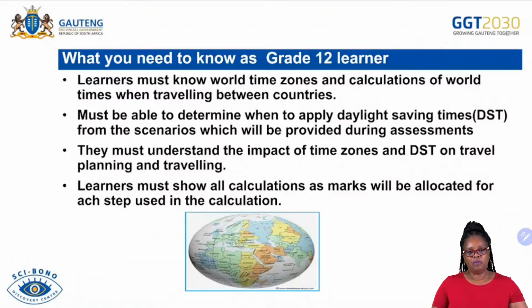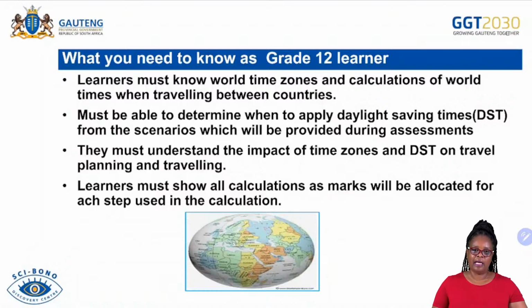Also, you must be able to determine how to apply DST to your calculation when you are given different scenarios based on the countries that are practicing daylight savings time.